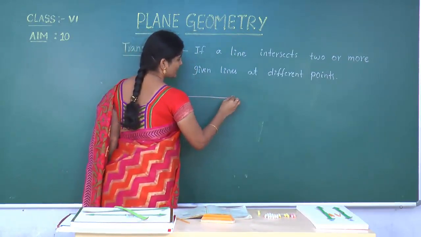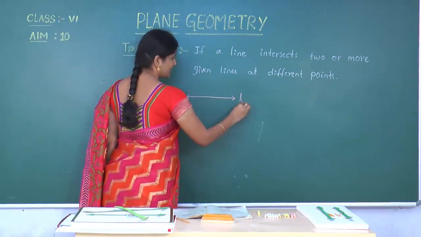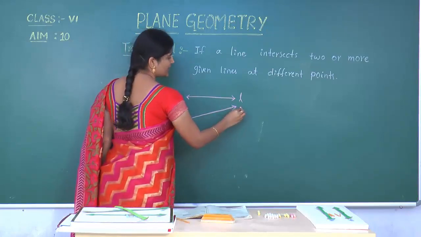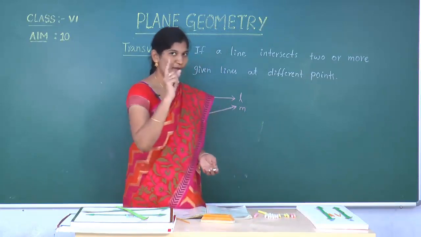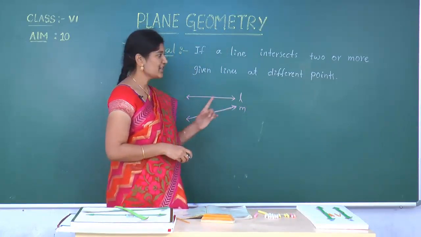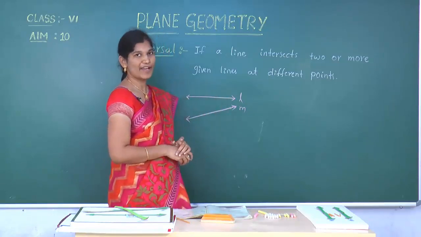See here, I am taking line L and here I am taking line M, and now I would like to take one more line. Here you have to remember that the line intersects these two lines at two different points.